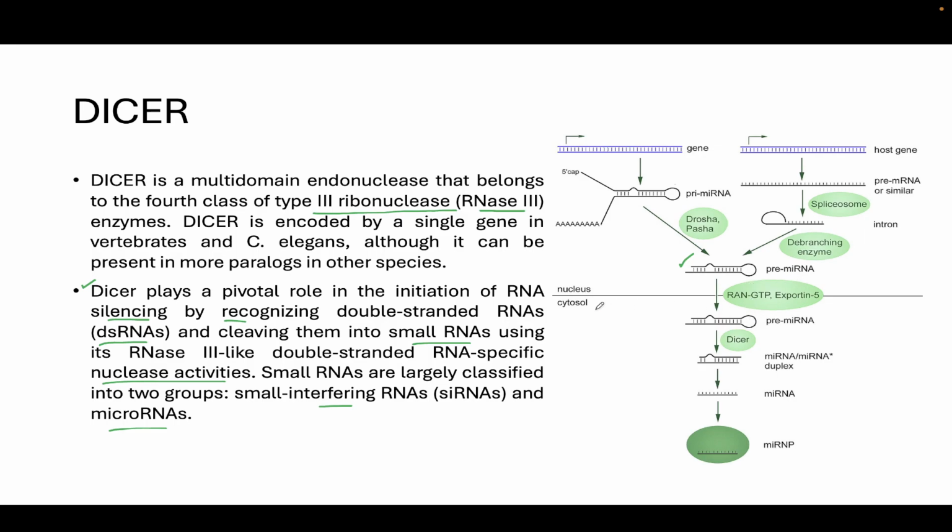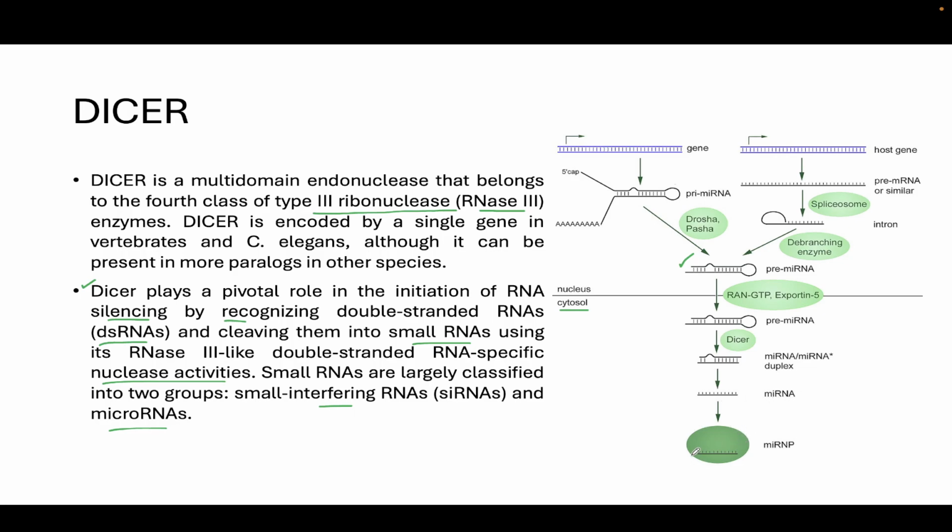cytoplasm. Okay, or cytosol. Here Dicer, which we can call a double-stranded RNA recognizing enzyme, forms the miRNA duplex and then acts as a nuclease that cuts the double-stranded base pairing to produce one miRNA.